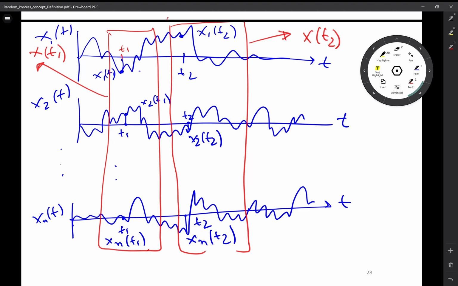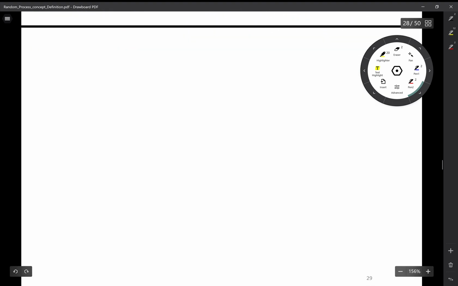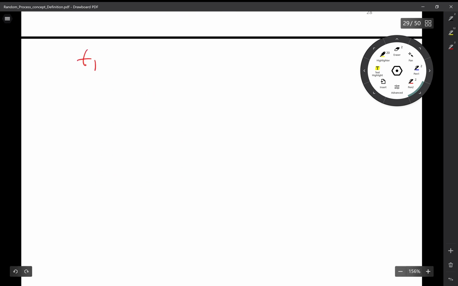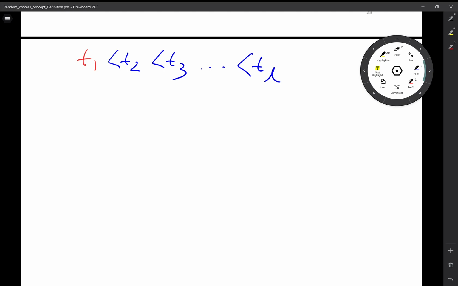Now let us describe it. We have time t1, t2 greater than t1, t3, and so on, up to tL, where L is any arbitrary integer.